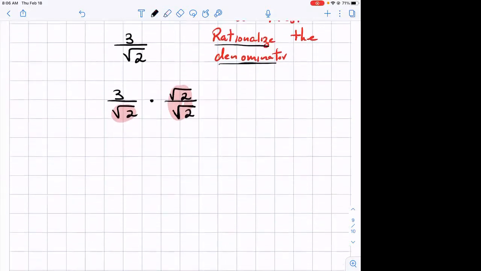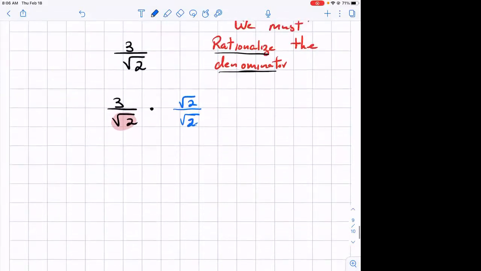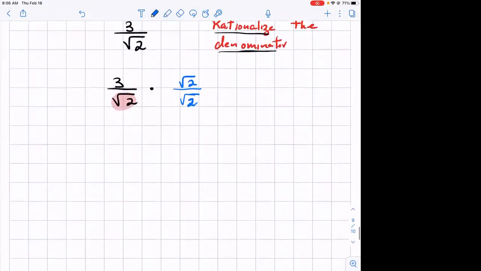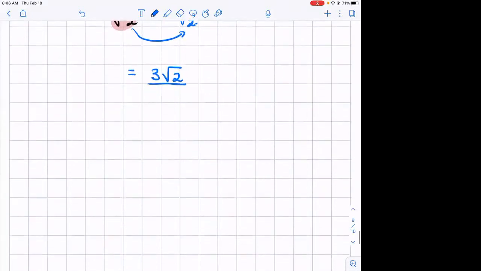Now, the bottom becomes the square root of 2 times the square root of 2. If you multiply the tops, you get 3 root 2. And the denominator, square root of 2 times square root of 2, is the same as the square root of 4, or we can say the square root of 2 squared.